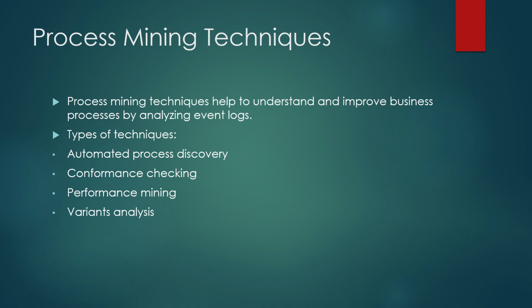Another process mining technique is performance mining, which analyzes event logs to uncover performance-related insight like bottlenecks and inefficiency. And the last technique is variant analysis, which examines differences in process execution to identify factors leading to varying outcomes. Tools like ProM, Disco, and Celonis help visualize and analyze this model for process improvement.